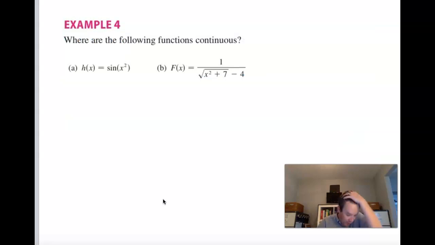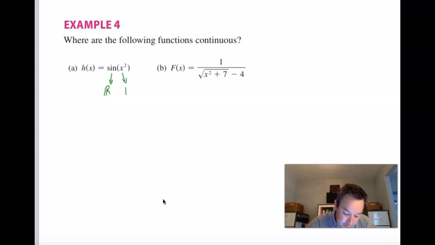So where are the following continuous? That's basically what this is saying. So sine, the outer function, our last theorem was talking about composite functions where we have, like what we have here. Our outer function in this case is sine, and sine is continuous for all real numbers. Okay, there's no breaks. You guys know what sine looks like? It's just that wave function that continues infinitely in both directions.